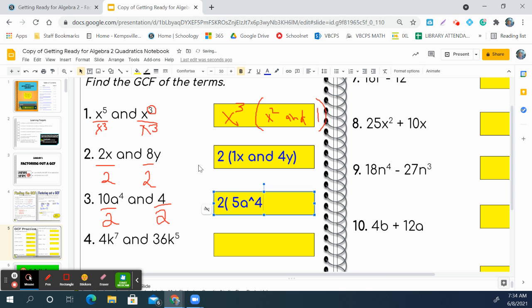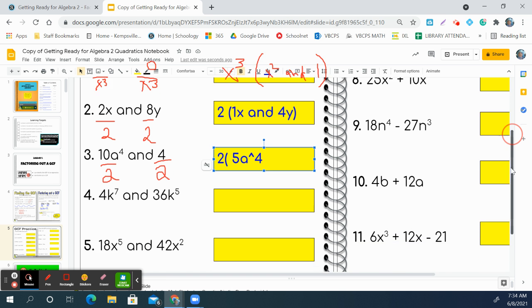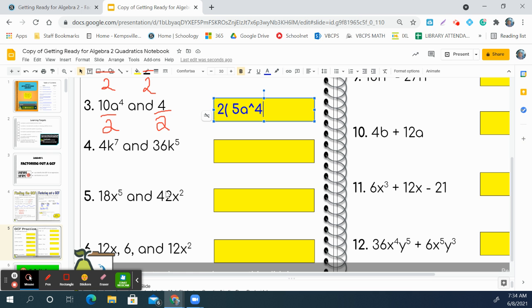So that says 5a to the 4th. That notation right there. 5a to the 4th. Because that makes the 4 the exponent. So it's just math notation, because that's the way it is. And then what's the last part? 2.